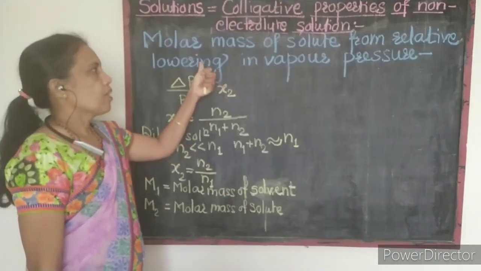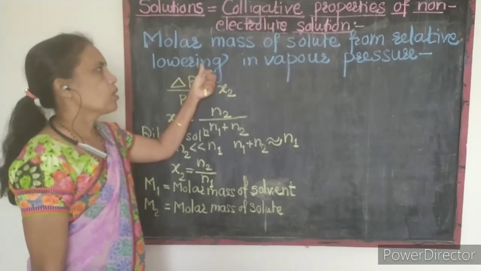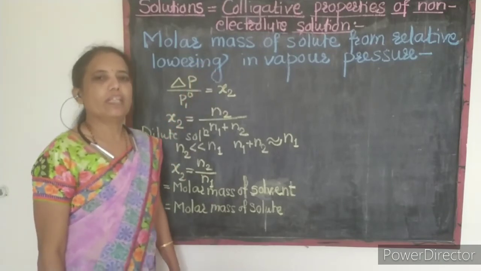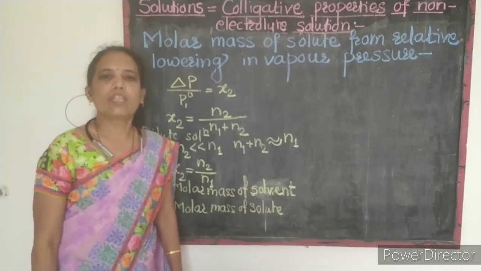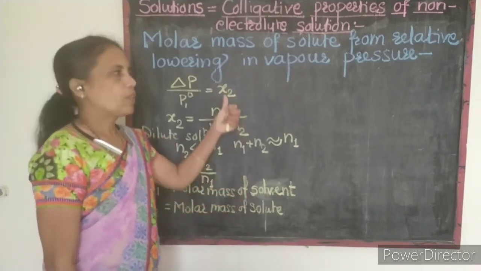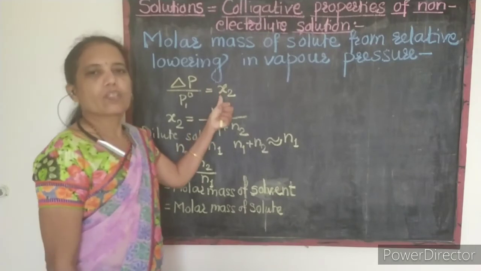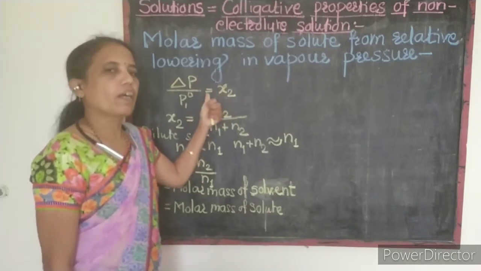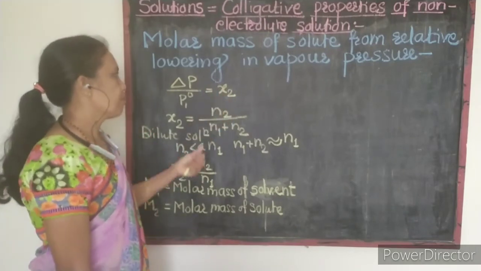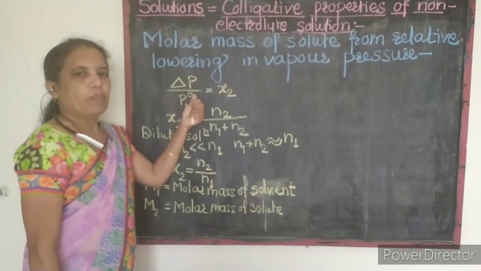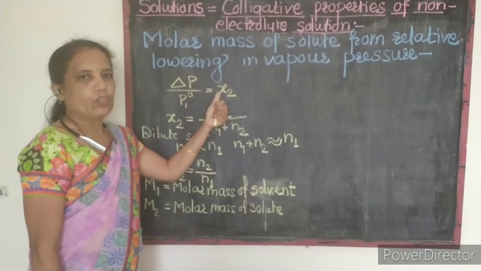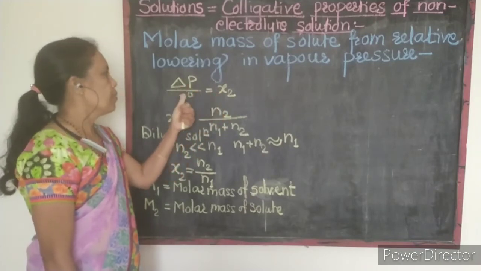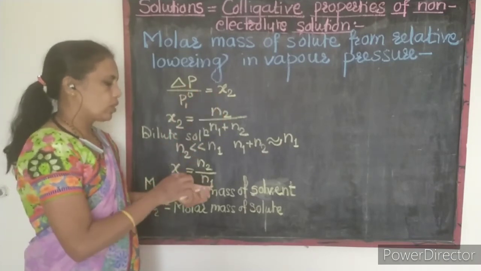Now the next point is molar mass of solute from relative lowering in vapor pressure. From relative lowering in vapor pressure we can find the molar mass of the solute. See how, we have to derive it here. In the last point we learned that relative lowering in vapor pressure is equal to x2. That is delta P divided by P10 is equal to x2.